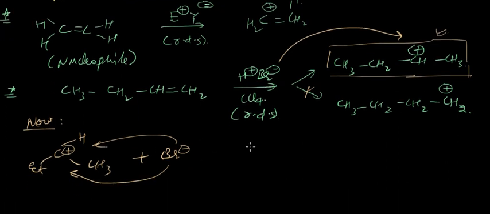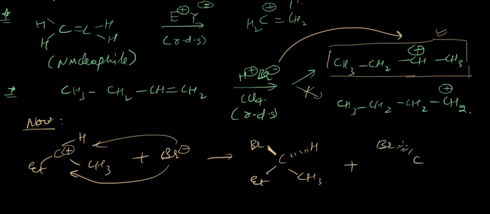So if it attacks, in both the cases we would have a racemic mixture in which this carbon will act as a chiral center, and we would have two compounds, one in which Br is above the plane, and another in which Br is below the plane.